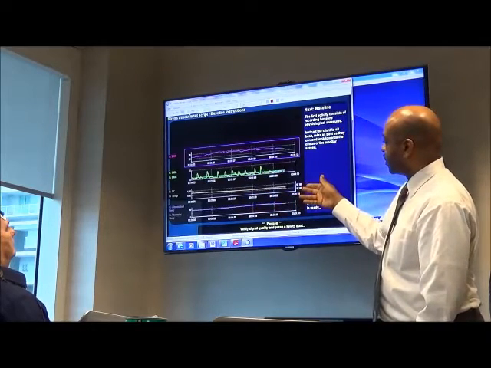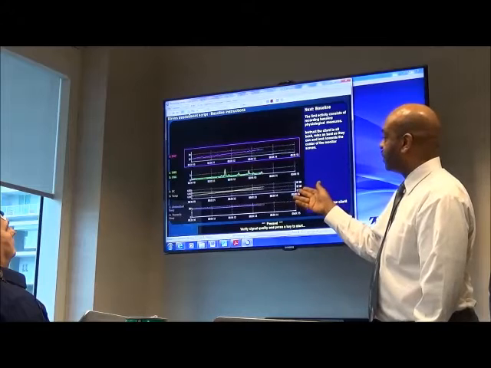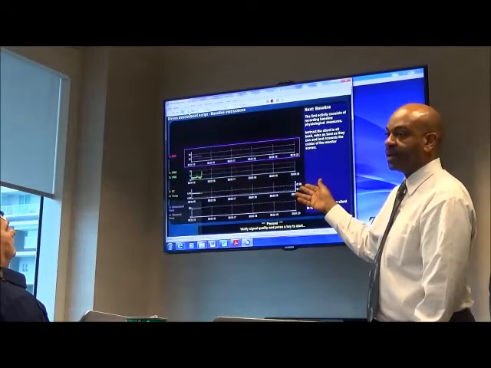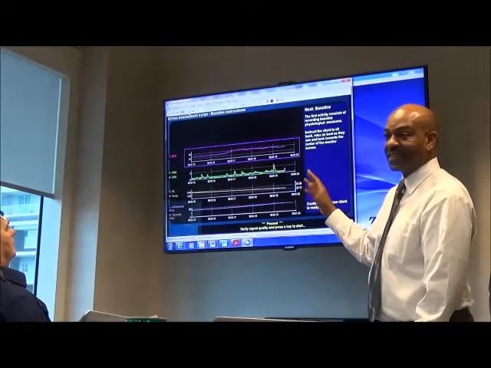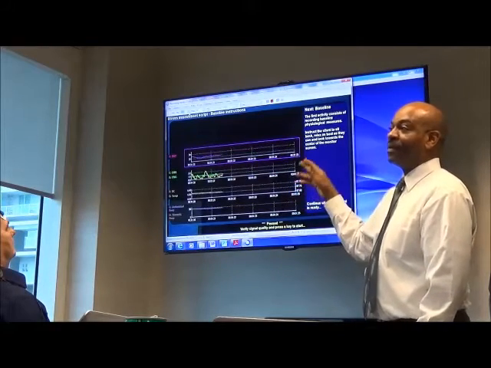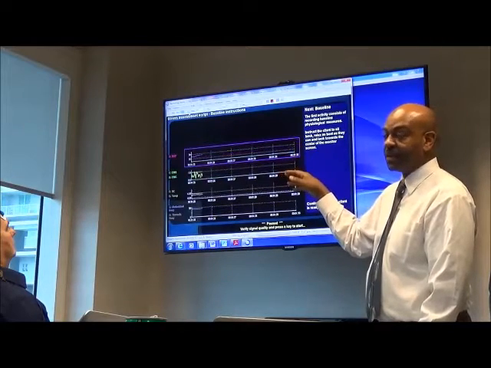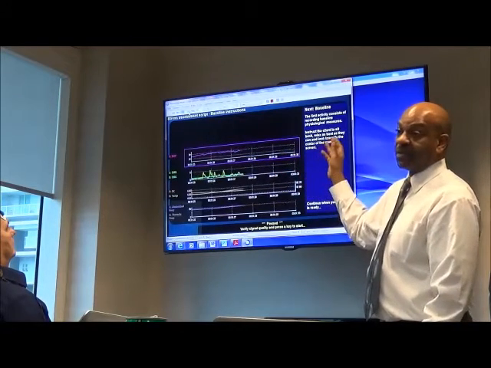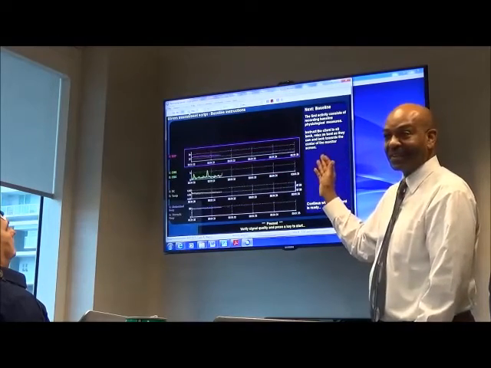So part of what we're looking for is, does it look like a reasonable reading? So if I'm measuring Fahrenheit and I see a temperature of 20, I think something is wrong. Maybe this setting on the software got changed to Celsius and I have to go back and change it. Or if I saw a reading of 300, I know something is wrong. Or 1, I know something is wrong.